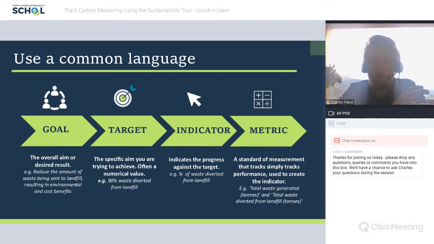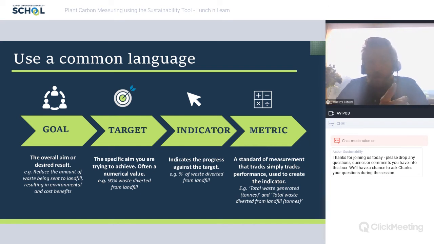So you start off with your goal that's linked with your business and your commercial strategy. You then have your targets, what you're wanting to achieve. So here you can see on the slide proposing a target of 90% waste diverted from landfills. So I said 100, but let's stick with 90.